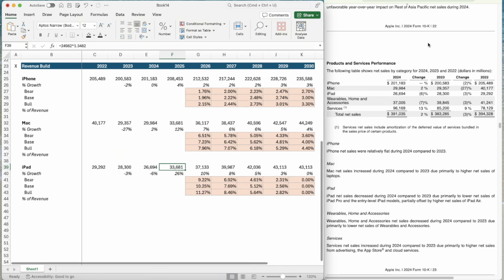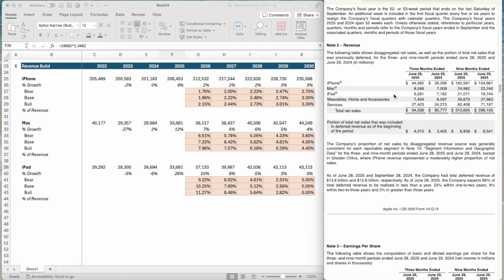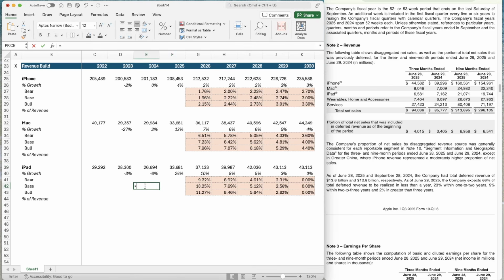Then for, let's do 26,694 divided by 19,744, 1.35.